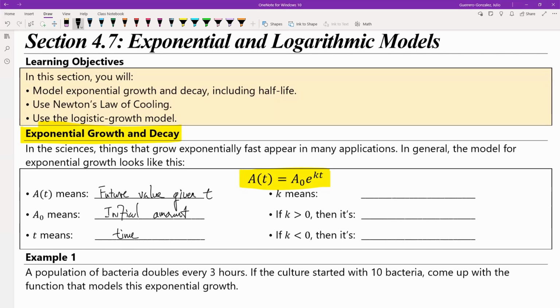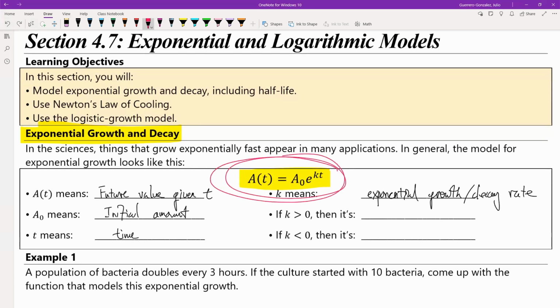K is the exponential growth or decay rate. Whenever you see the words exponential growth or decay, or continuous rate of decay or growth, it's talking about this k right here in particular for this function.